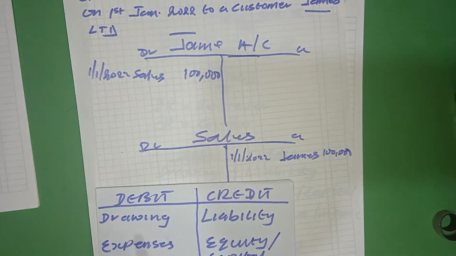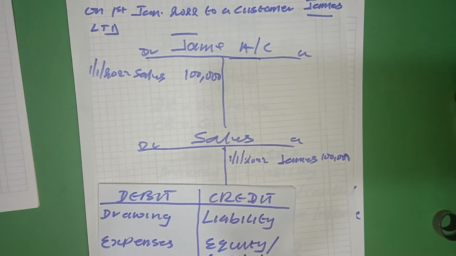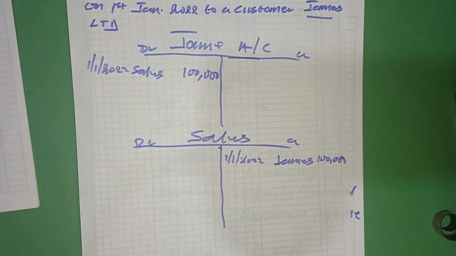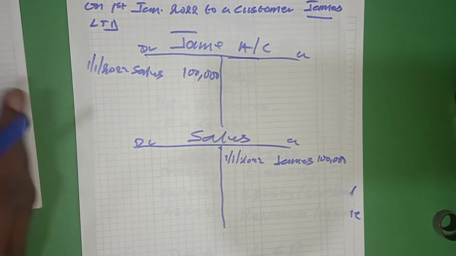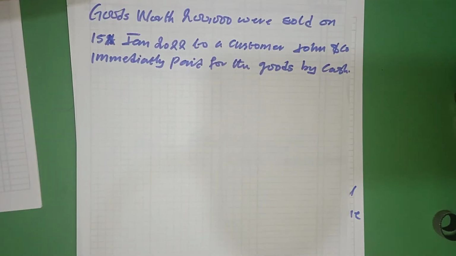Mind you, James now is seen as our debtor, and debtors fall under assets, under our current assets. So when you sell goods on credit to somebody, and the person is owing you as a debtor, that person falls as a current asset to you. You automatically debit the person and credit sales. So that is that. Let us answer the second question so that you see another scenario.